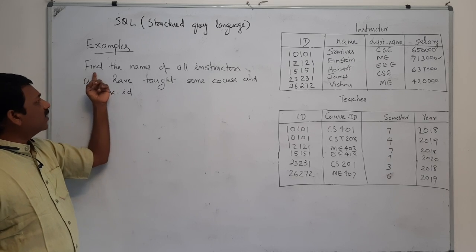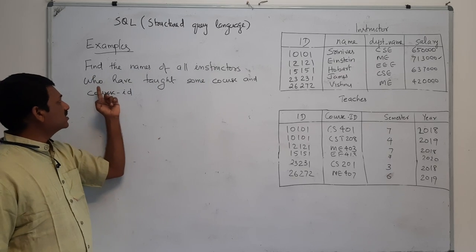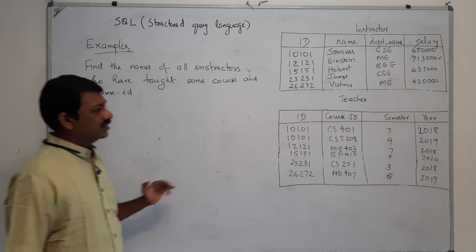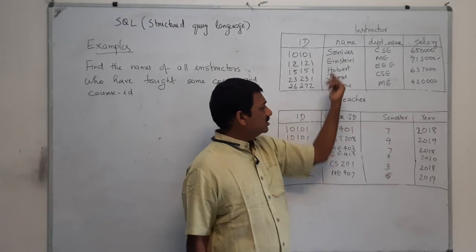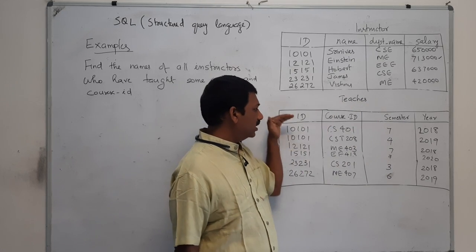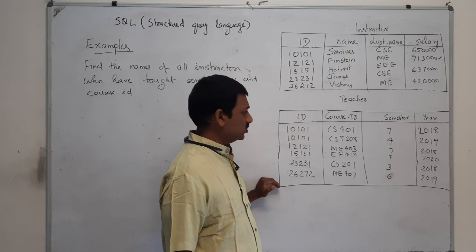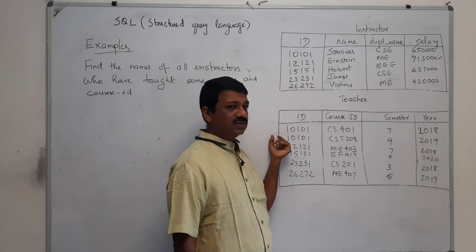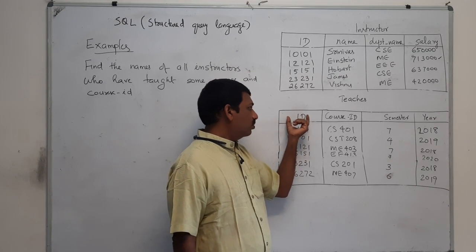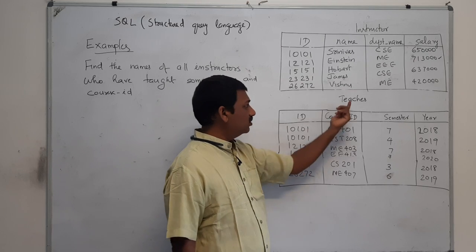The instructors who taught some subject will have their records in this table. So you have to find out the instructor IDs whose details are entered into the teachers table.